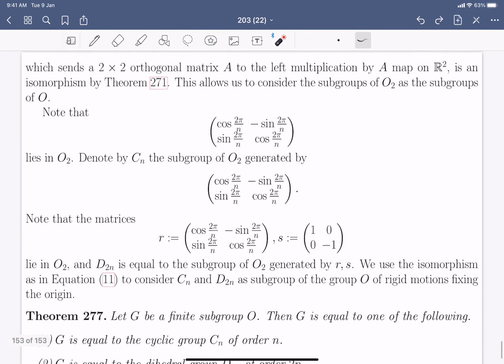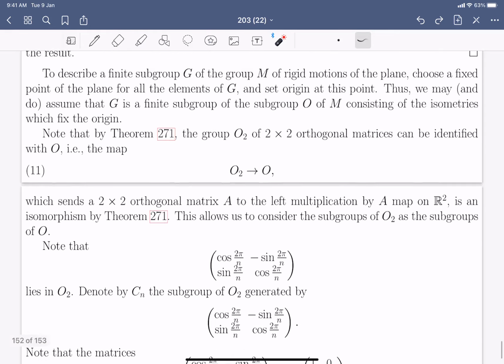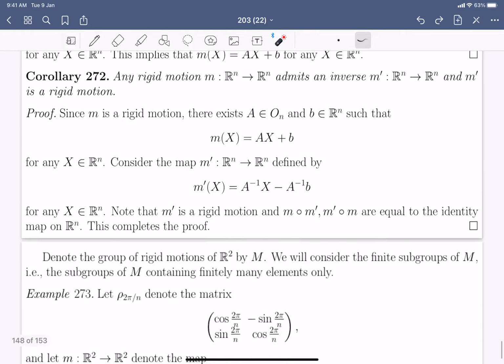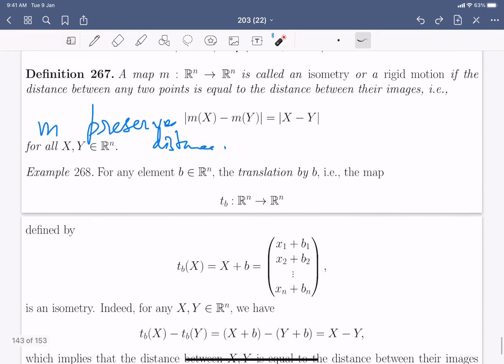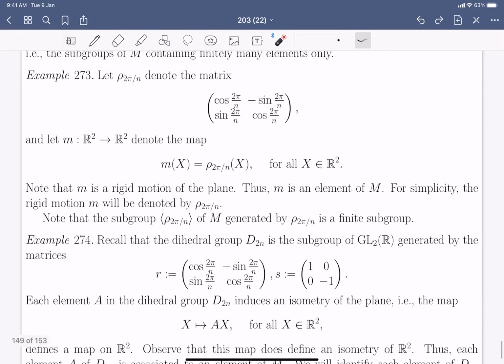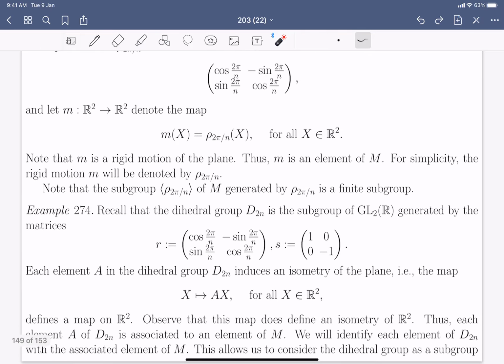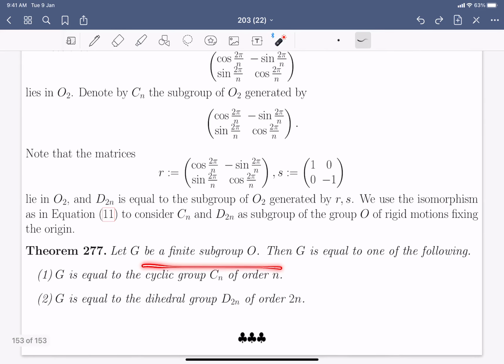The examples of finite subgroups of O that we have studied are in example 273 and example 274. These two are all the examples when we are concerned with the finite subgroups of O. Great. And with the statement of this theorem we conclude this lecture.